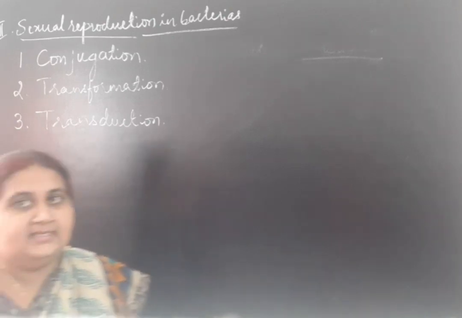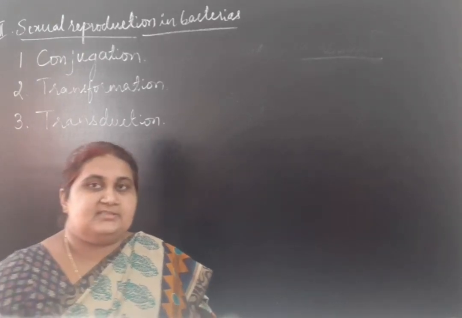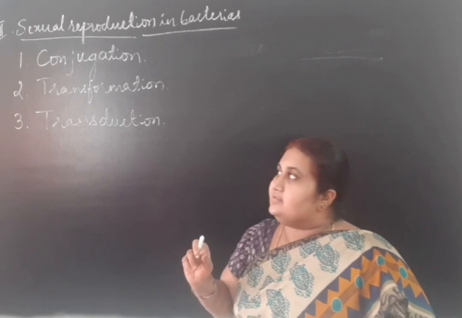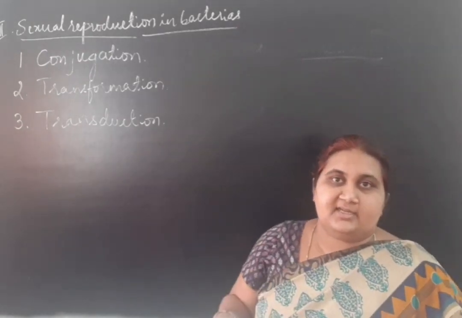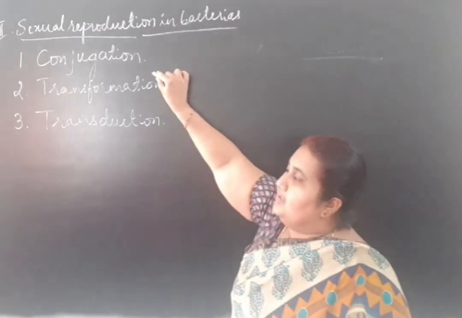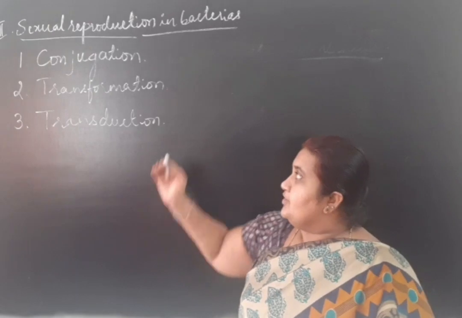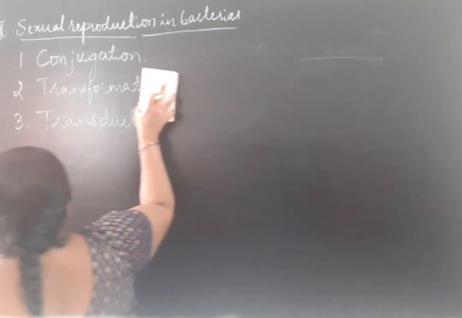Genetic recombination takes place by these three different methods. So one by one, in detail, you will study now.